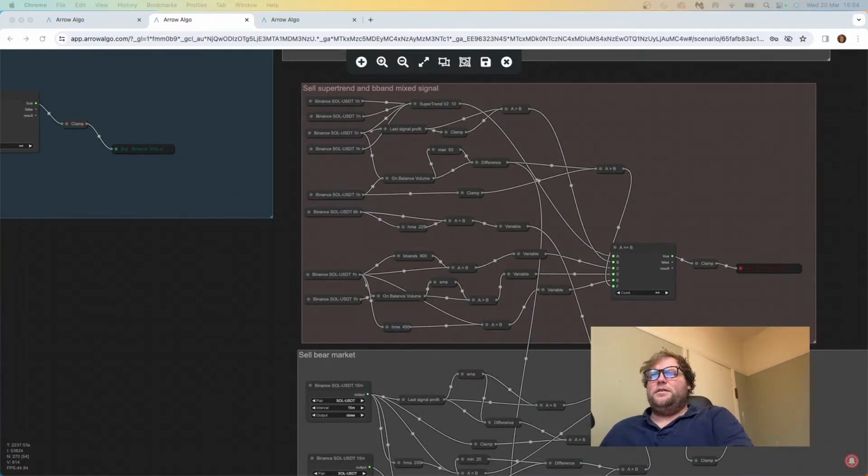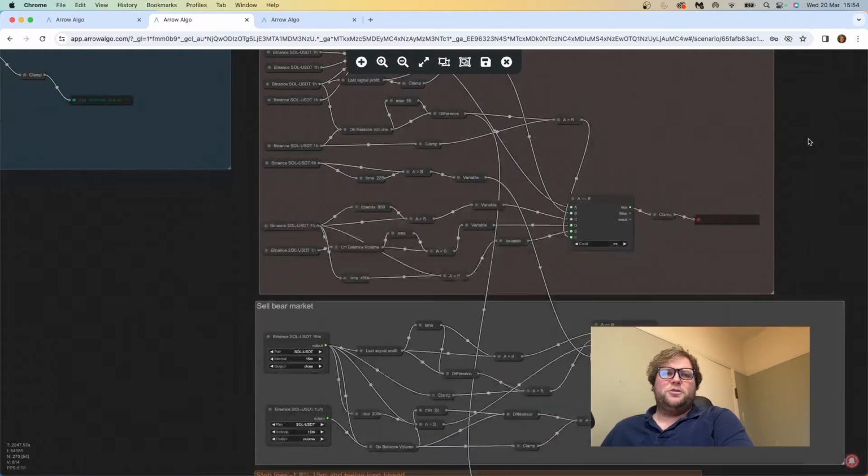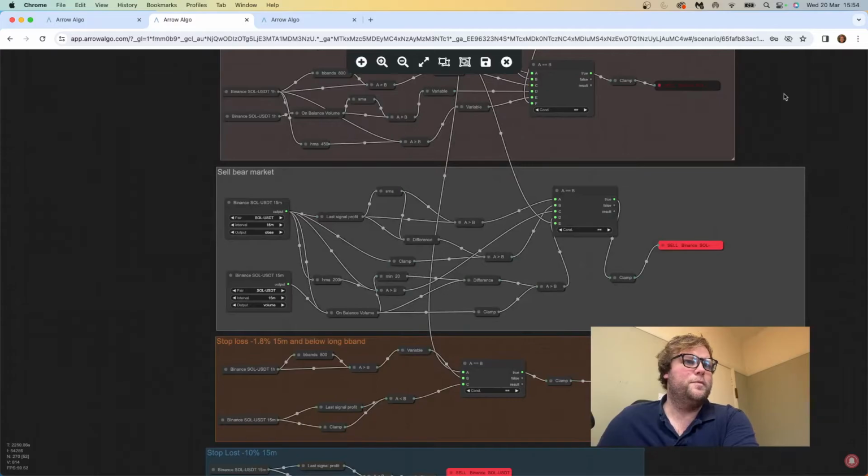So that's our second of the 6 sell conditions, or 6 sell blocks. The last 2 blocks are just stop losses, so they'll be easy to walk through.